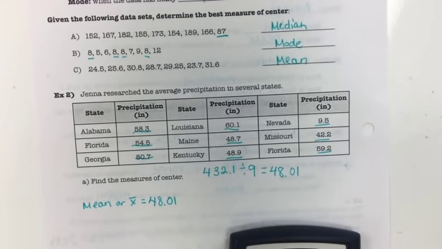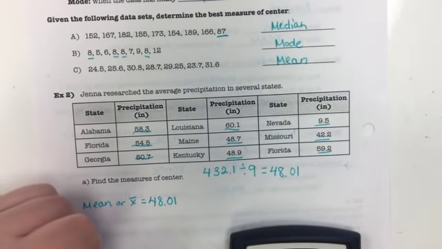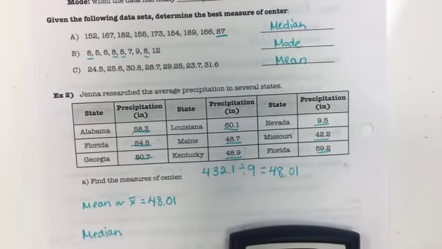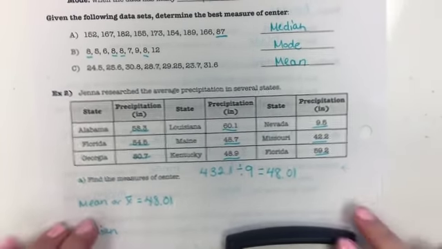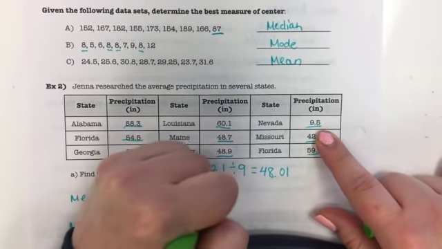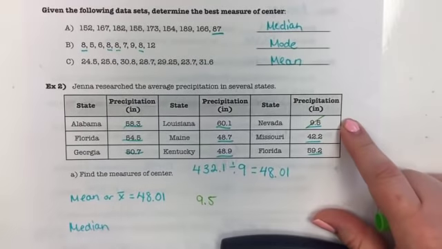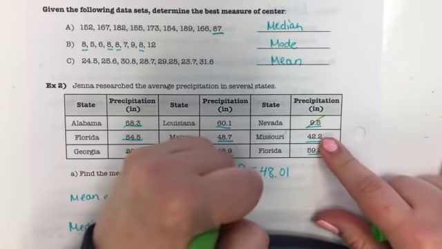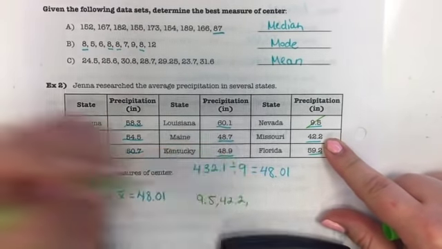So the next thing we're going to do is find the median. In order to find the median, we want to list all of the numbers in numerical order. So we will start with our smallest number, which is going to be 9.5, and cross it off as you go. It looks like the next smallest is going to be 42.2.